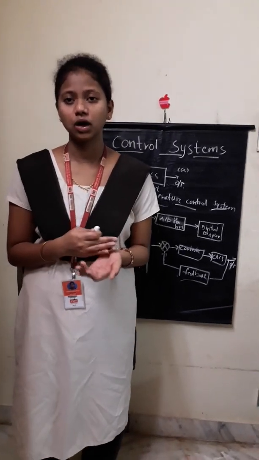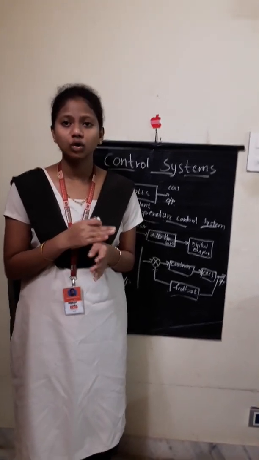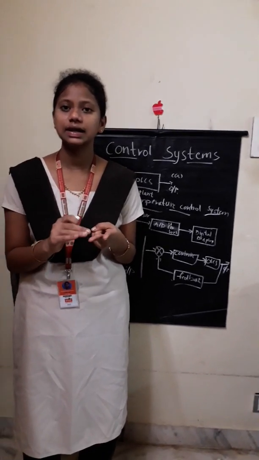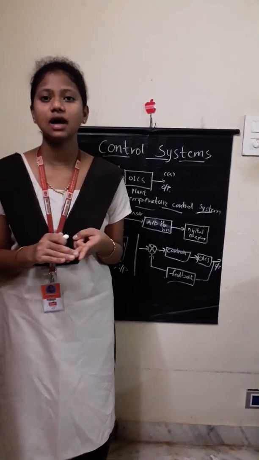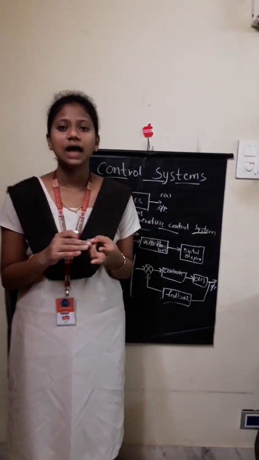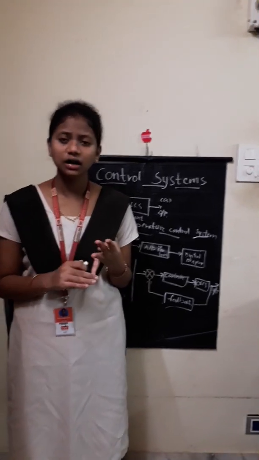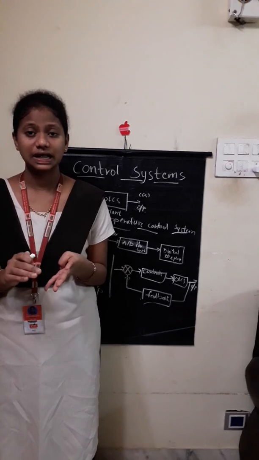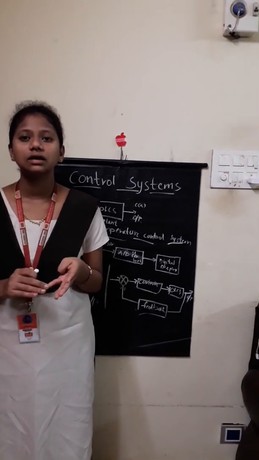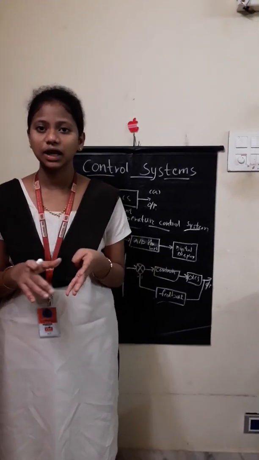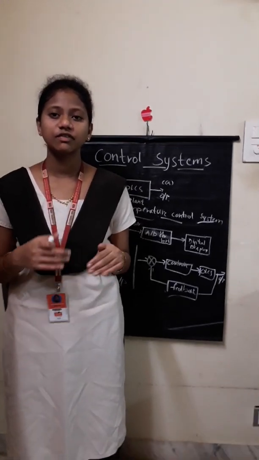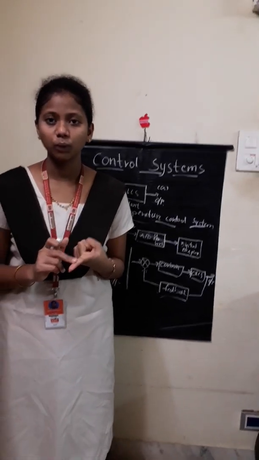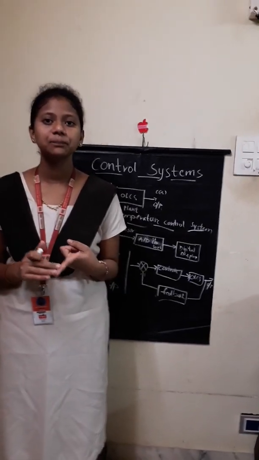In an open loop control system, there is no need of feedback, and it is of very low price, and it is very reliable, and it has less bandwidth, and its structure is very small, and it does not get disturbed by outer noises. Particularly in an open loop control system, we do not need feedback.